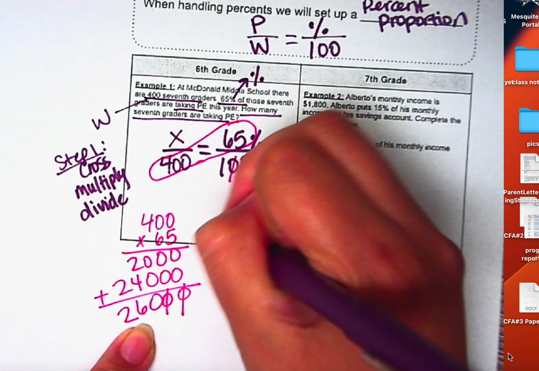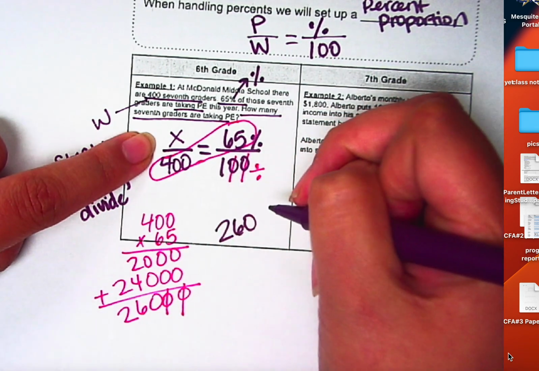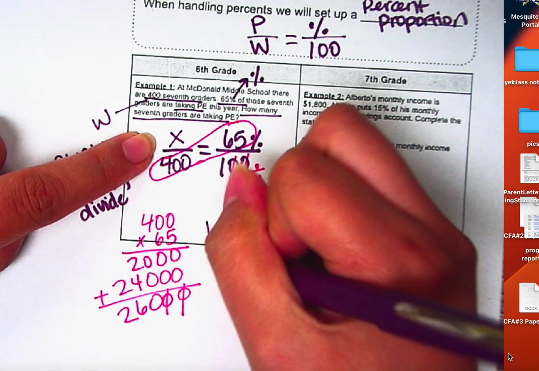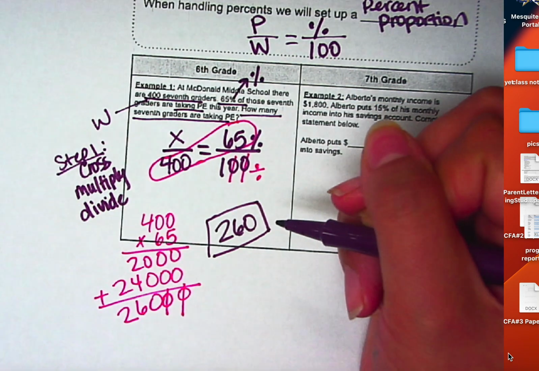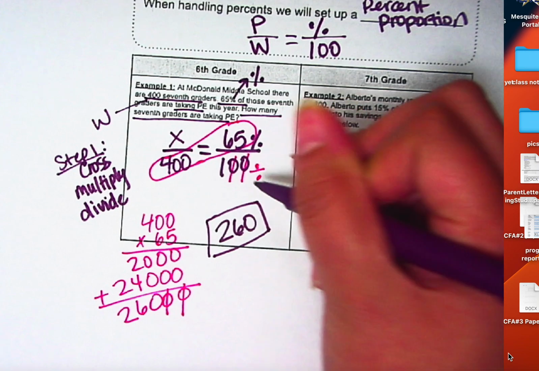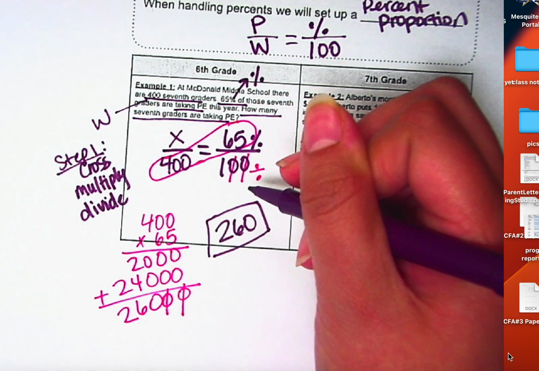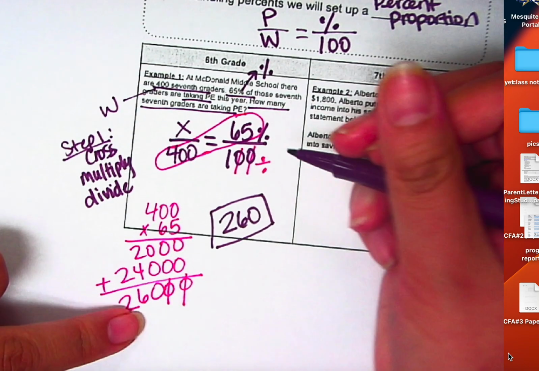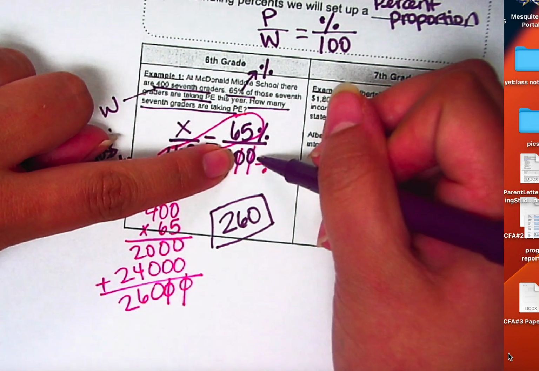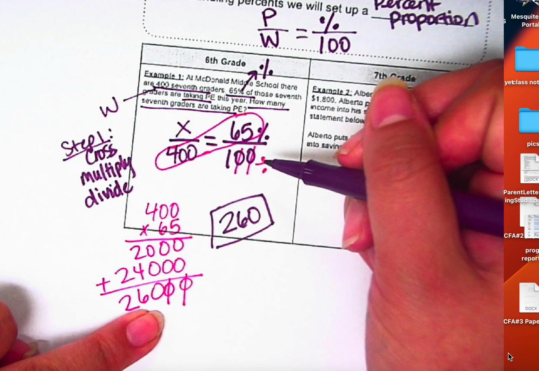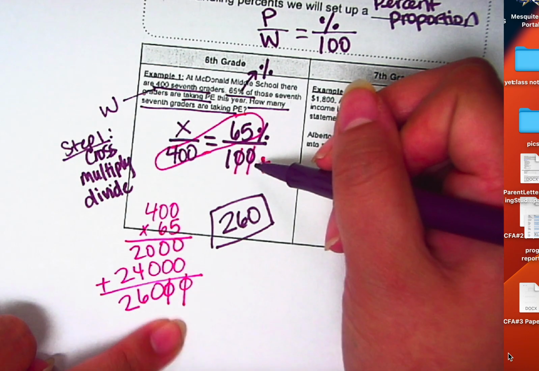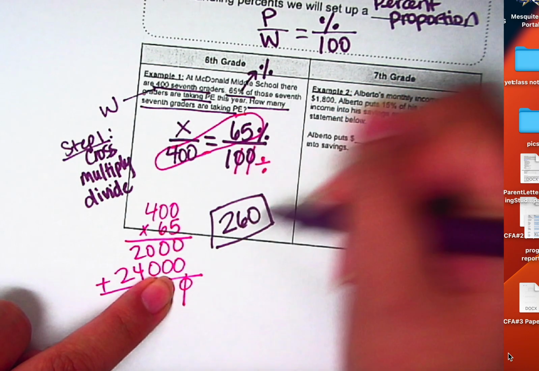So your answer is going to be 260 kids are taking PE this year. Okay. That was an easy step to divide. The only way we could do this is because there's 2 zeros here and there's 2 zeros in my answer. If there was only 1 zero, you can only cross off 1 zero.